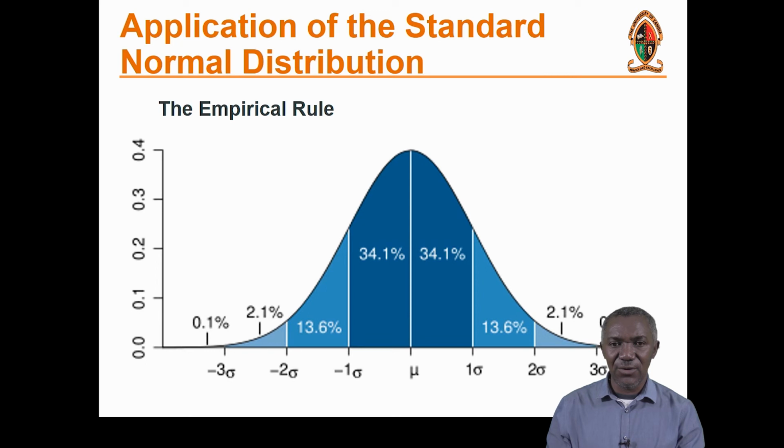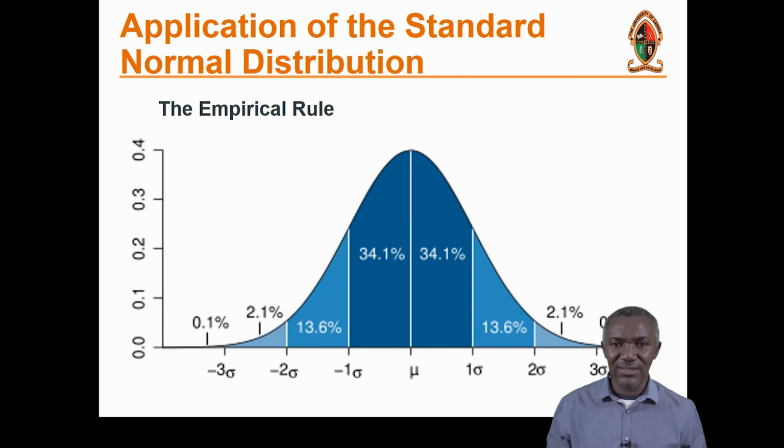Half is below the mean, and the other half is above the mean. So we have 34.1% below the mean and 34.1% above the mean. Together, this area is approximately 68%, lying 1 standard deviation below and above the mean.